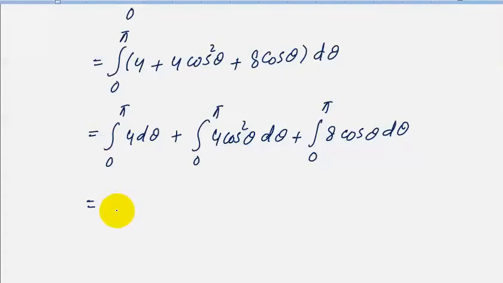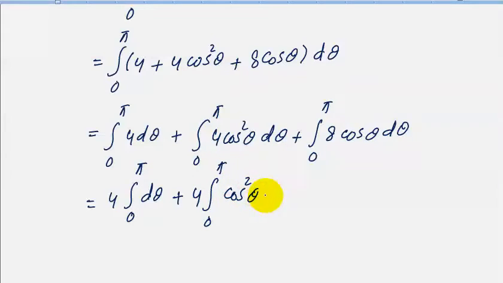This is equal to, we take the constant outside the integral, 4 times integration 0 to pi d theta plus 4 times integration 0 to pi cos square theta d theta plus 8 times integration 0 to pi cos of theta d theta.